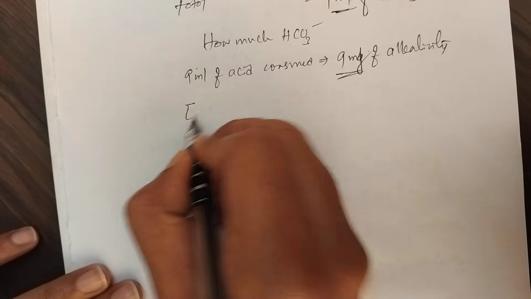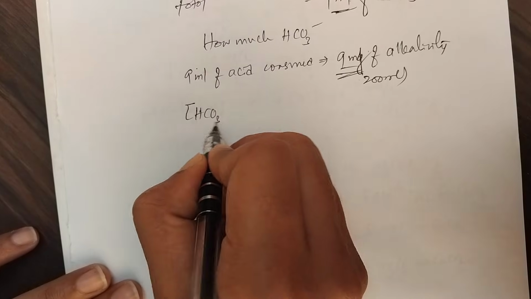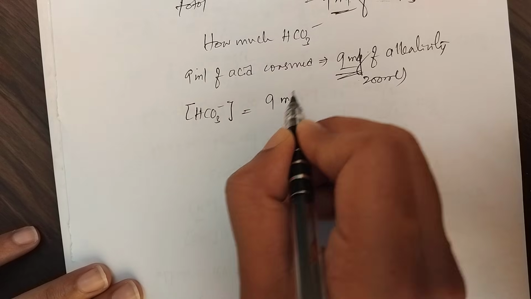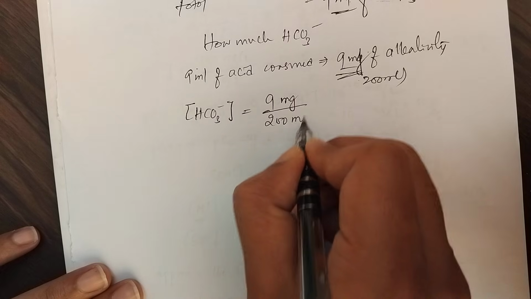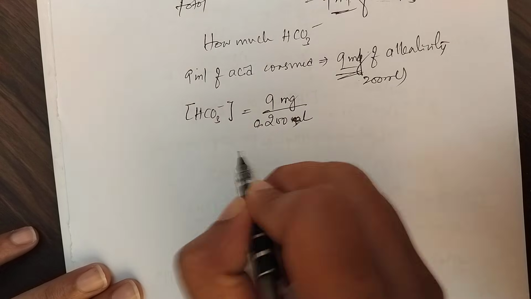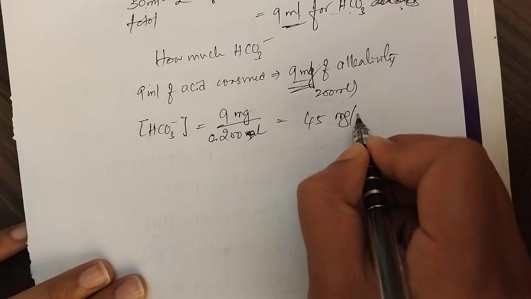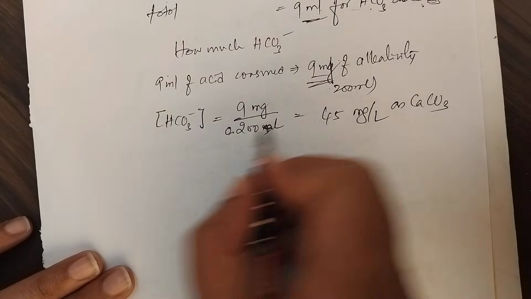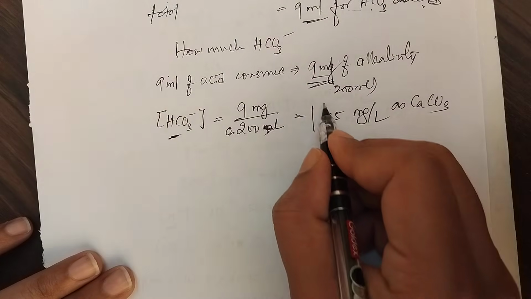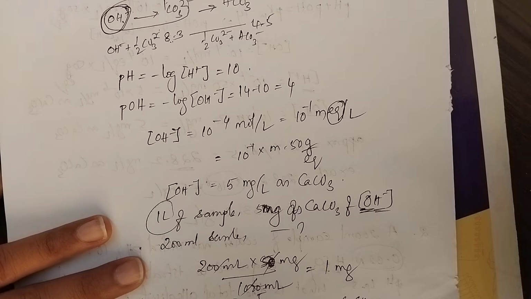So the concentration of HCO3 minus is 9 milligram by 0.2 liters, so you can say this as 45 milligram per liter as CaCO3.